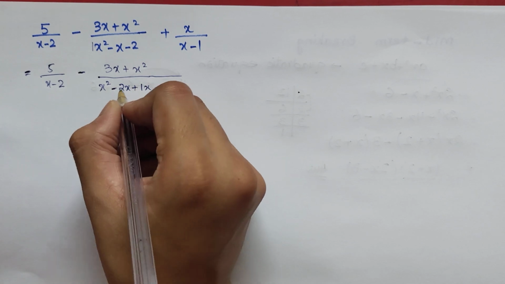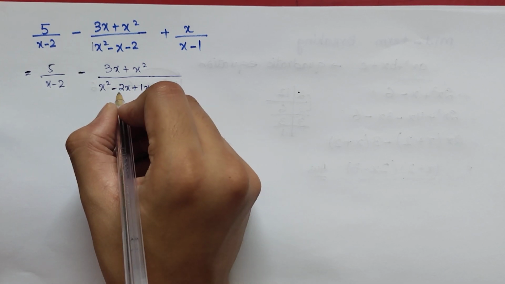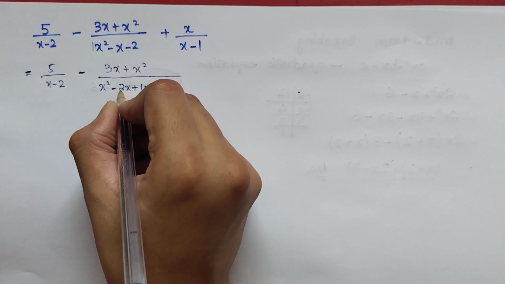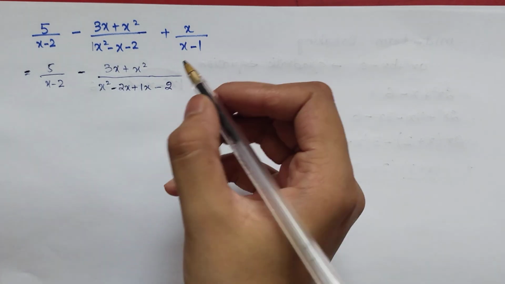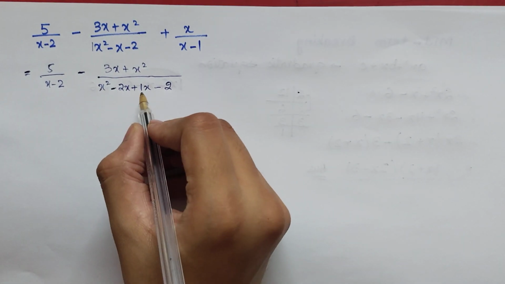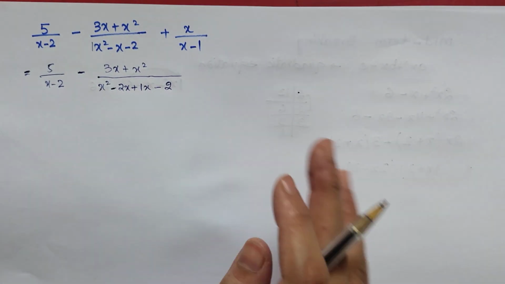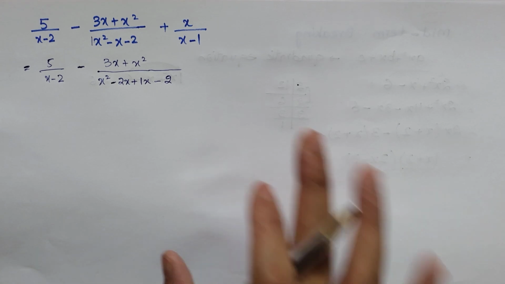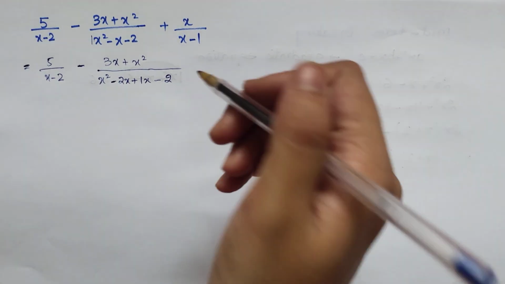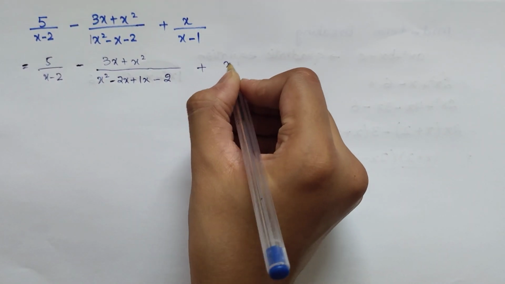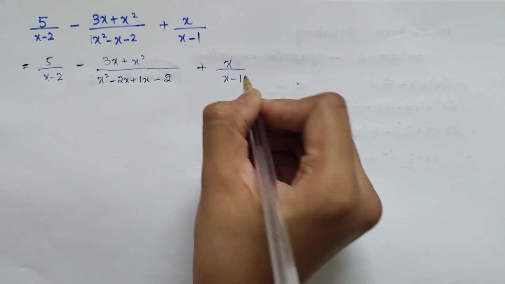Plus 1 minus 2 becomes minus 1, sign of greater value minus, and when you multiply 2 with 1, 2 ones are 2, and plus minus minus, so the sign is minus, and then plus x over x minus 1 as it is.